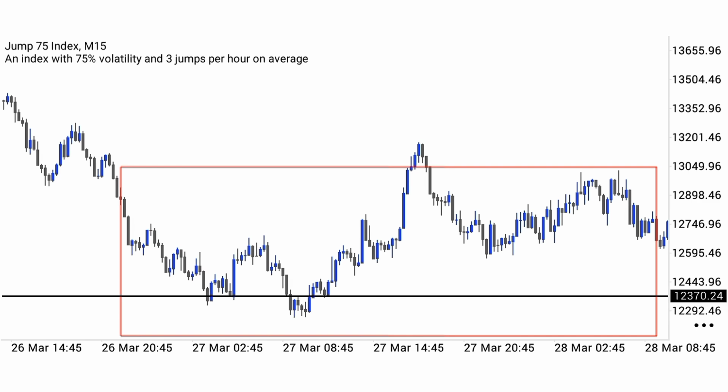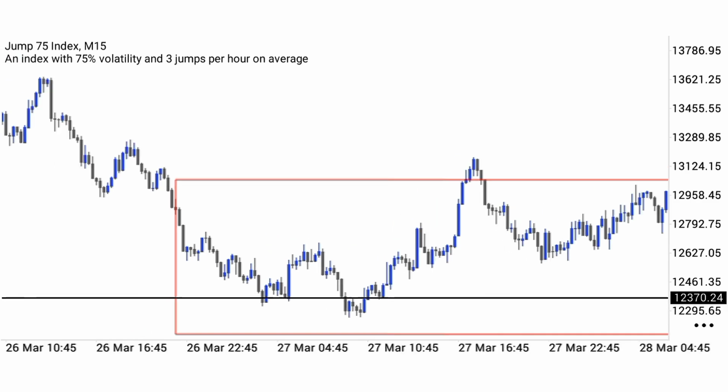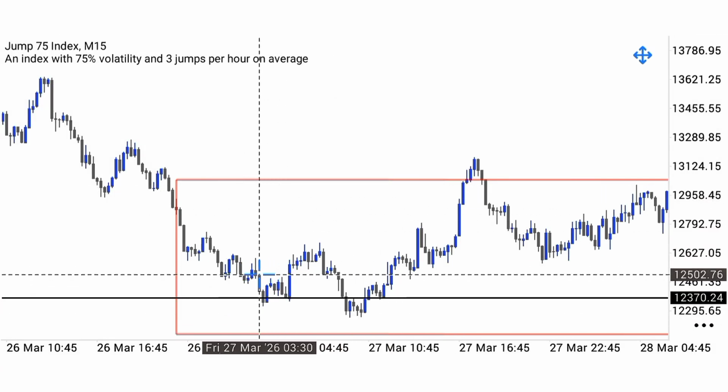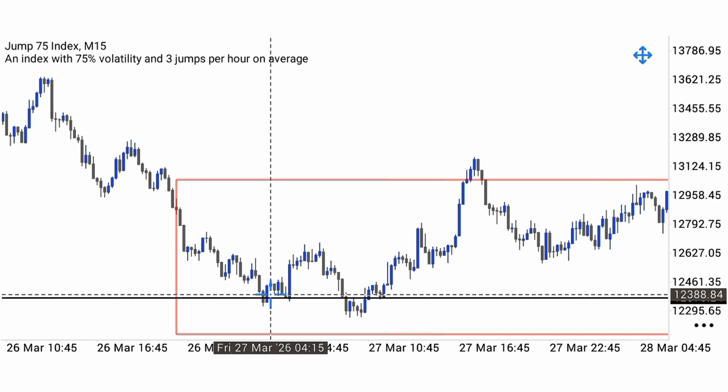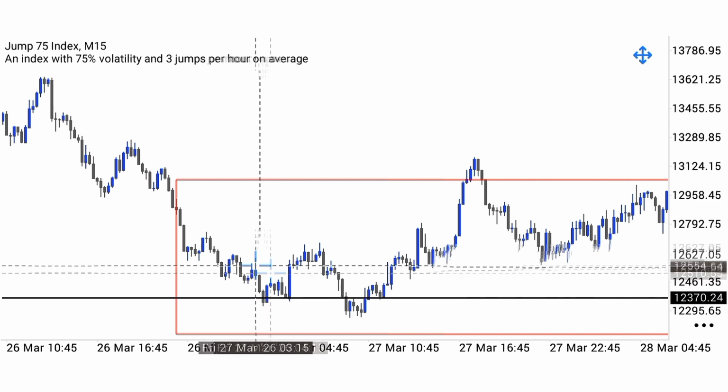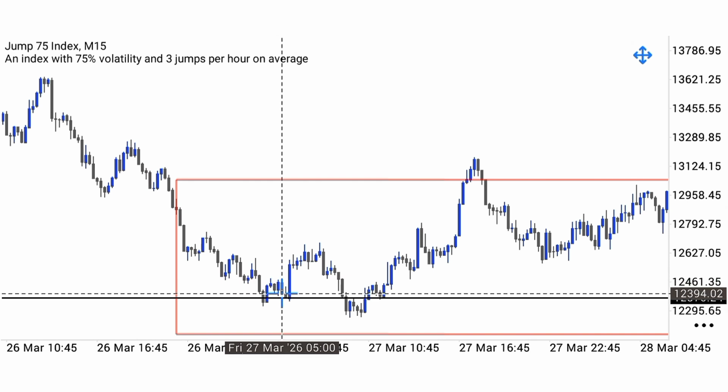Now, when you are at this point here, what you have to do is to get a good entry. But some people will be like, when the market touches here, then you start looking for an entry. But that is not good, because when the market is coming down to this zone, it is coming down with a lot of force.